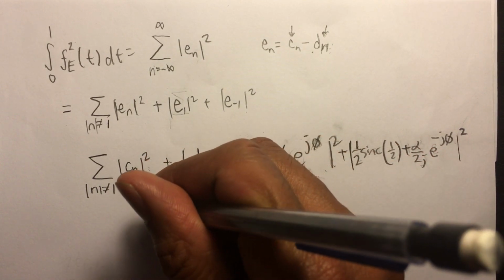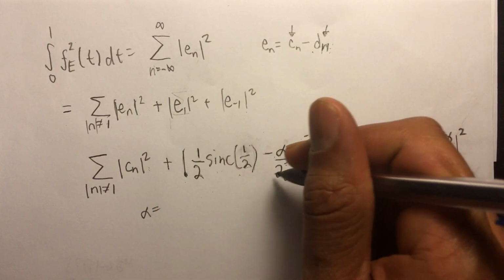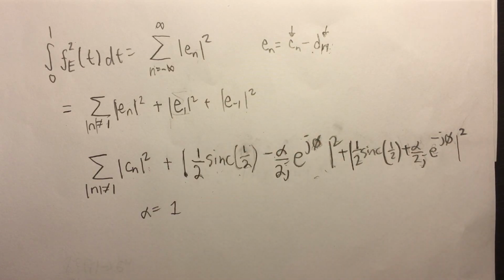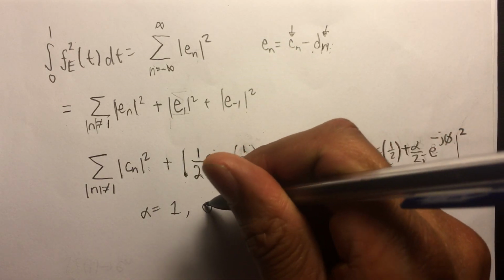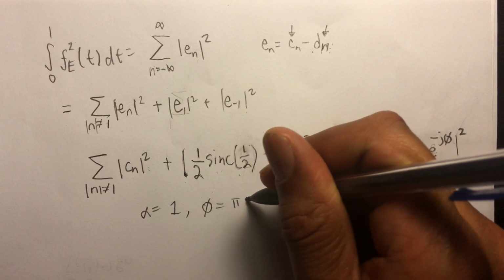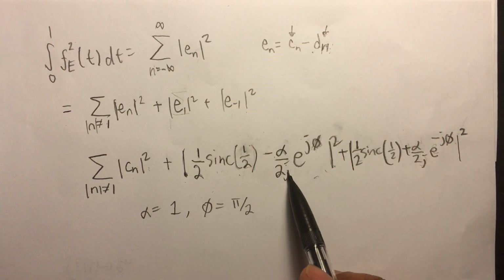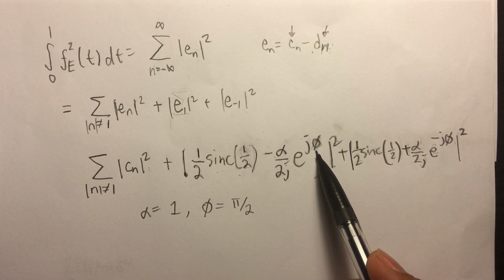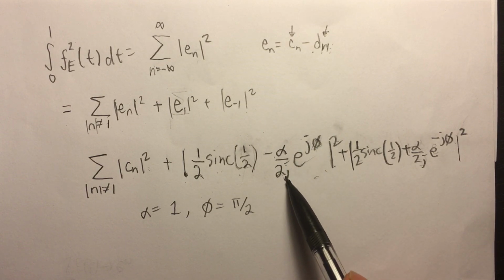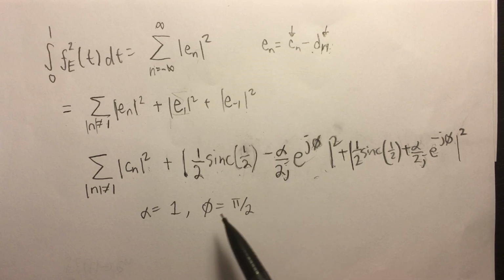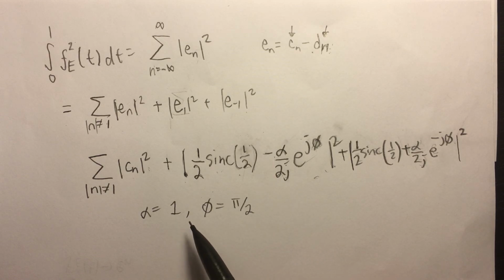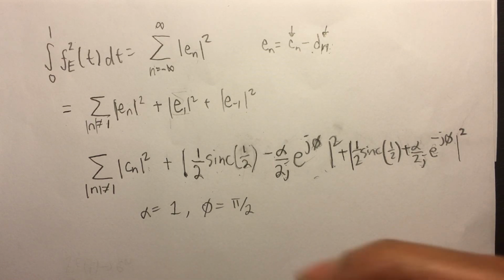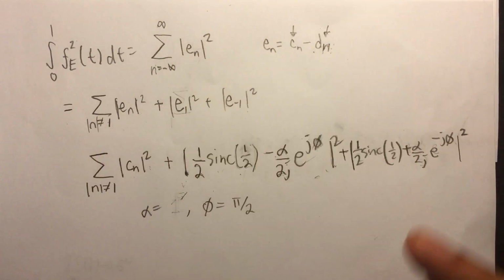Let's just try alpha equals 1 and phi equals pi over 2. Okay, so let's look at this term. 1 over 2, and then this e to the j phi and the j in the denominator cancel out. Actually, excuse me, this should be alpha equals sinc 1/2.